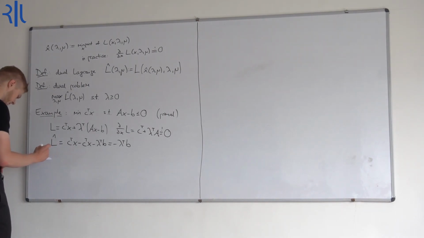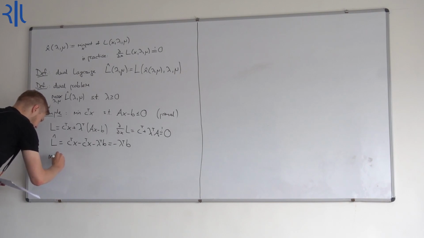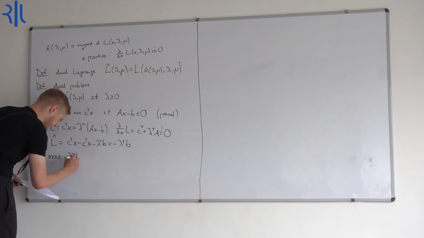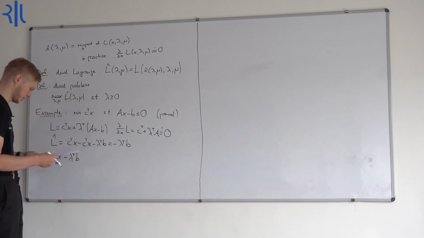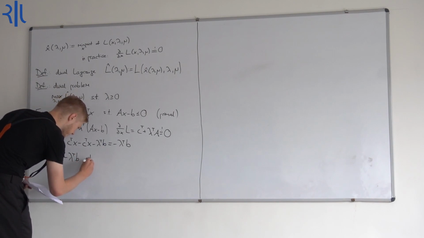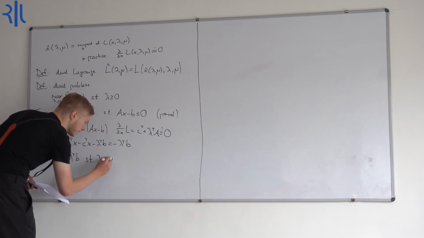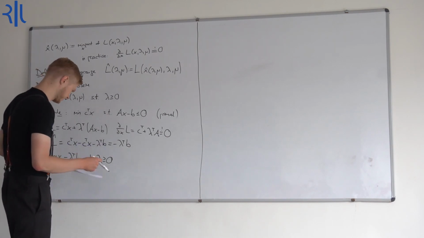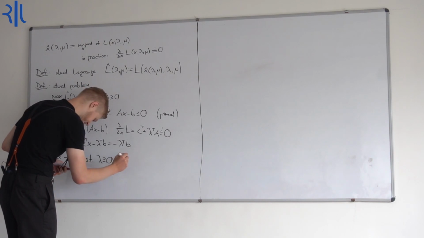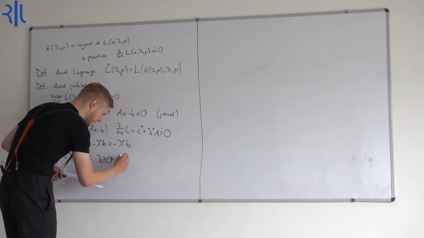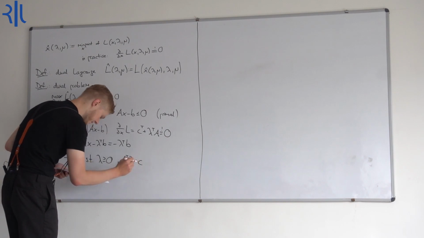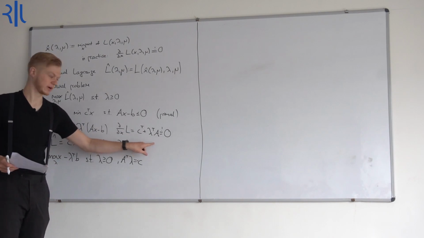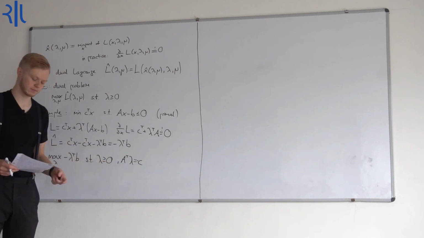So the dual problem will be maximizing minus lambda transpose b over lambda, subject to lambda greater or equal than 0, and A transpose lambda must be equal to c. Oh, excuse me, minus c, which is this equation.